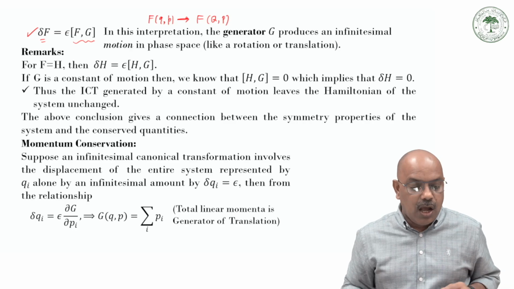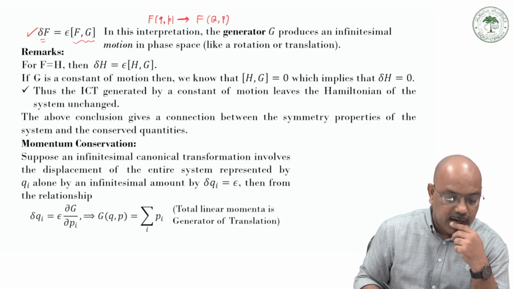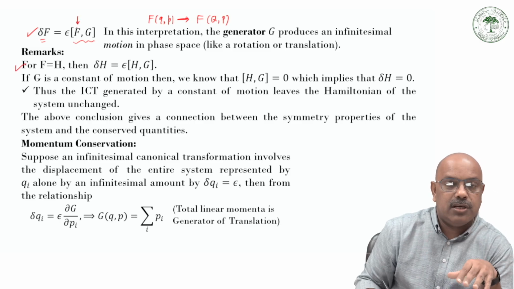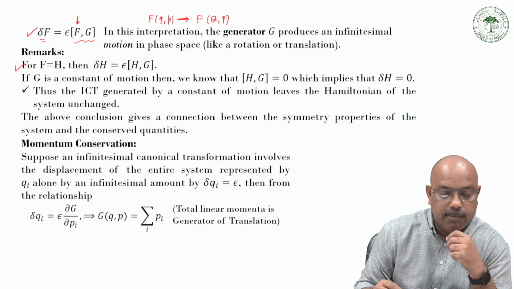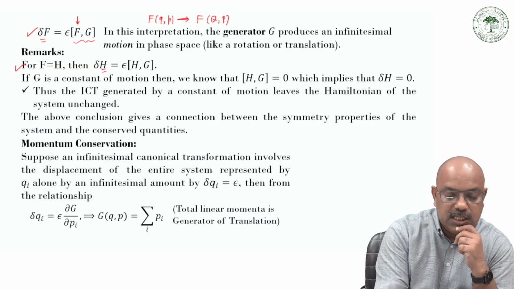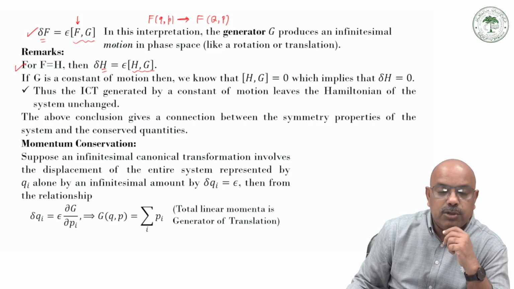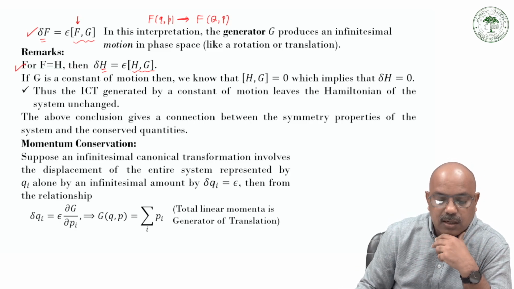And for now I have a remark here: for F equal to H, the Hamiltonian of the system, this change in the Hamiltonian is the Poisson bracket of the Hamiltonian with the generator of the infinitesimal canonical transformation.